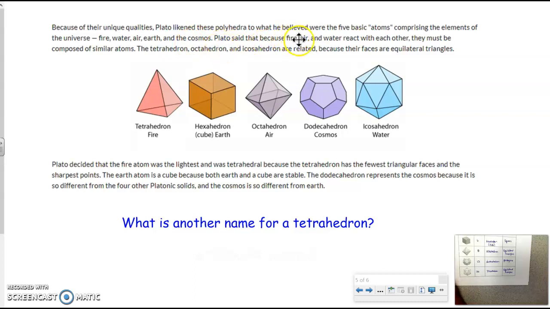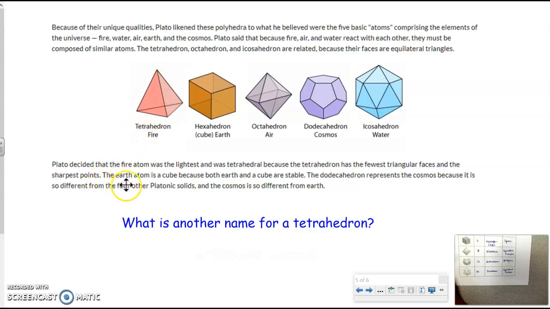It says that fire, air, and water react with each other, and so they must be composed of similar atoms. That's the reason why these all have triangular faces, because they all react with each other. Because they're similar, he said, they all would have equilateral triangles. He also said that the fire atom is the lightest because it has the fewest number of faces.